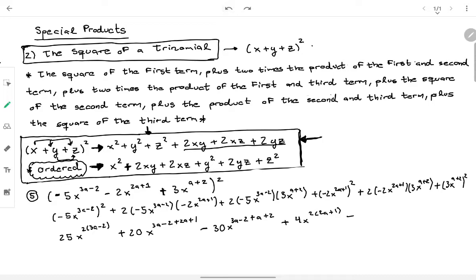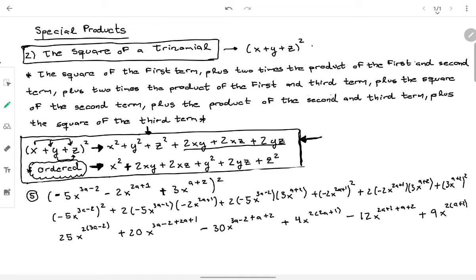Then it's going to be minus, because it's minus multiplied by plus multiplied by minus. So it's going to be 12x to the 2a plus 1 plus a plus 2. Finally, plus 9x to a plus 2.